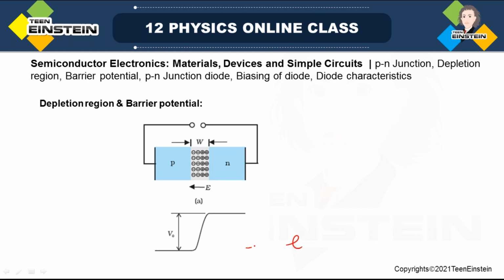Only the few electrons which have energy equal to eV0 will be able to cross this barrier potential and take part in the conduction process.